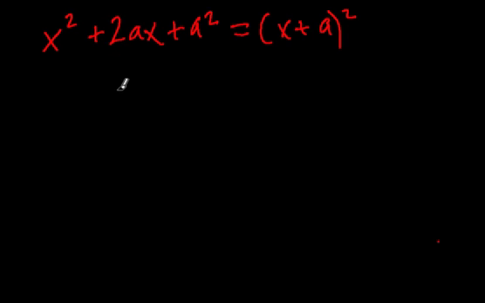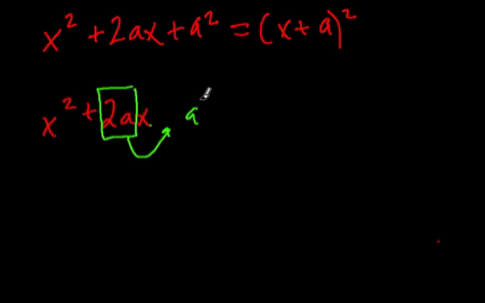So how do we do that? Well, if we're given x squared plus 2a times x, and we want to get this, we need to take our 2a and use it, it's our only other a in the equation, and that's why I think this is clever, to get a squared. So we have to use 2a to make a squared.